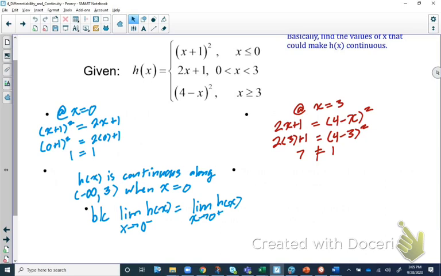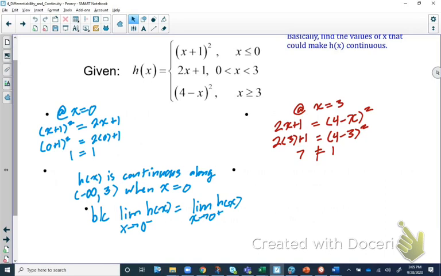Now, continuity doesn't necessarily imply differentiability, but is the function going to be differentiable at 0? It should be, because we're only looking at the quadratic that's there. If the quadratic itself is differentiable, we would just want to make sure the function is smooth when the quadratic as the first piece and the linear second piece meet.